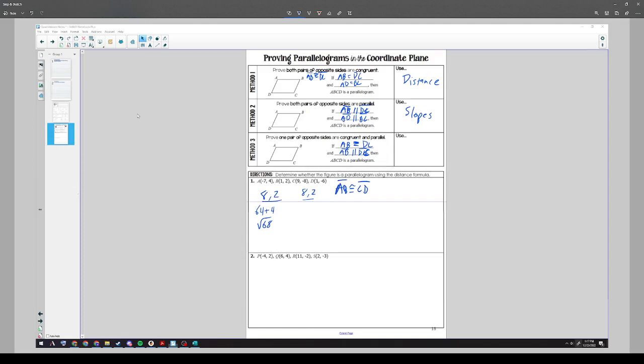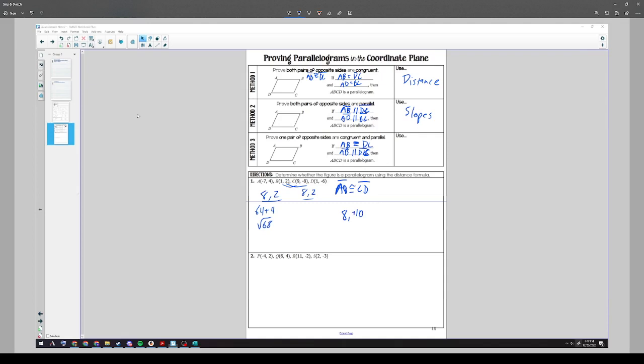But that's not enough. I need to either prove that they're parallel, which I would do with their slopes, or I could find out if BC and AD are congruent. Since it specifically says distance formula, we'll go that way. So from B to C, I add 8 in the x direction, and I subtract 10 in the y direction, which, as far as distance, I don't care if I'm adding or subtracting.